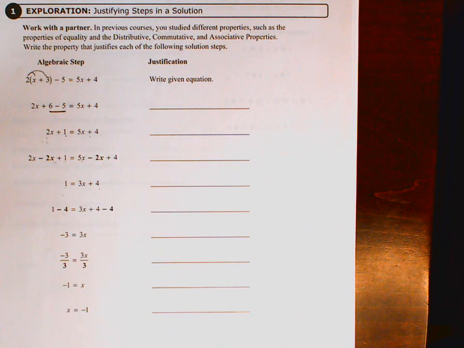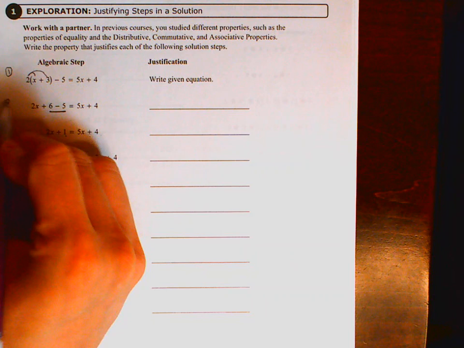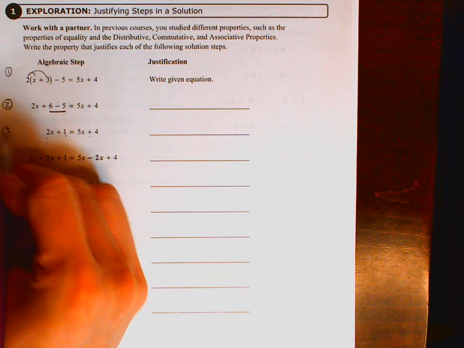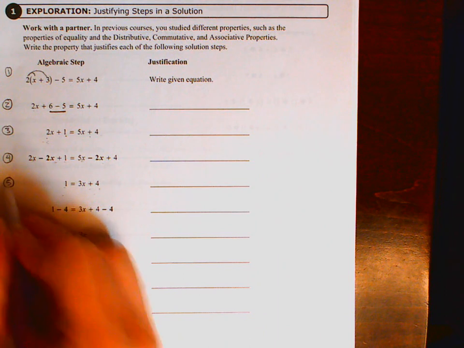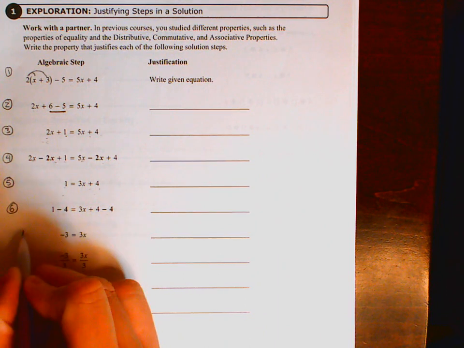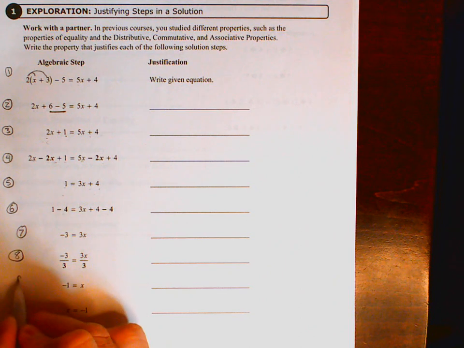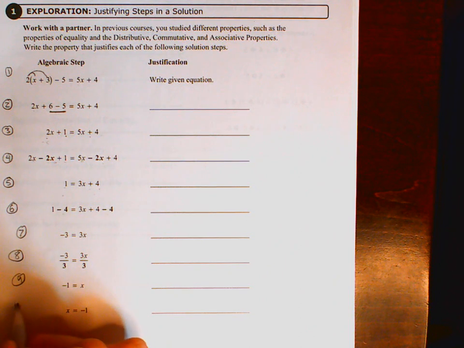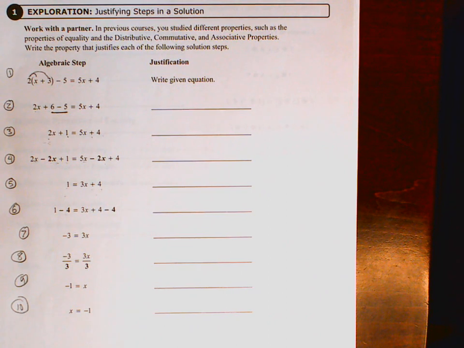So we're going to call this one here step 1, step 2, step 3, step 4, 5, 6, 7, 8, 9, and 10. That way, you know which step I'm going to be doing.